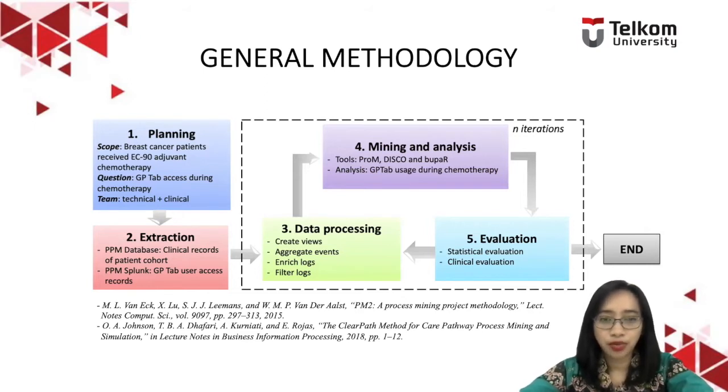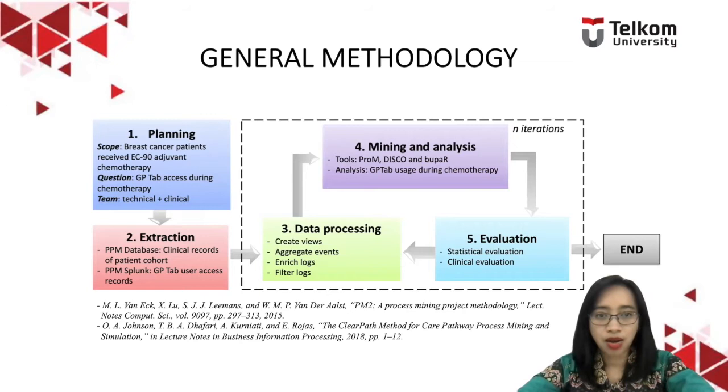For the planning, we discussed with the clinicians and we set our scope on breast cancer patients who received EC90 adjuvant chemotherapy, with the main research question on how GP-TAP access was done during chemotherapy.